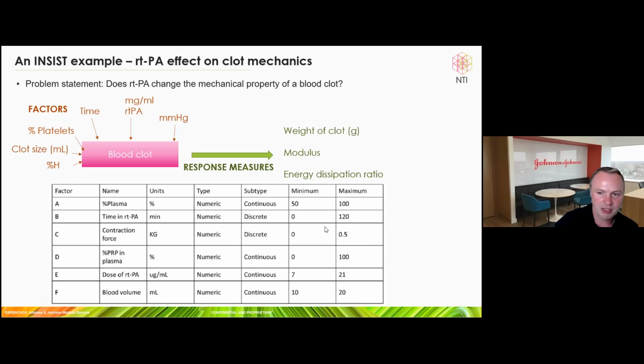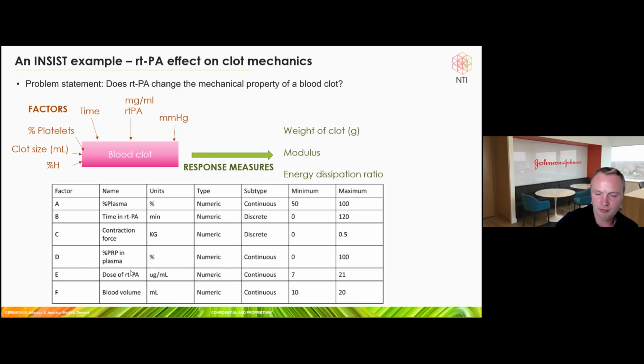And some patients are treated really shortly after they've been given TPA in mechanical thrombectomy. So we want to understand, what is the effect of time in TPA on the mechanical properties? Contraction force is the mechanical compaction of the clot prior to treatment.